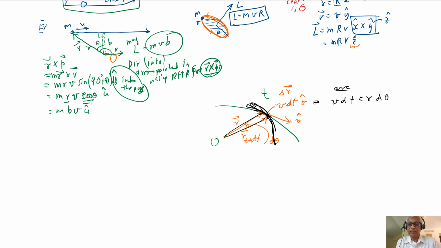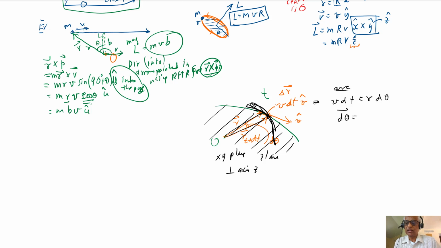So this was in some plane, and if I define d theta to be a vector perpendicular to the plane, so let's call this the xy plane, and the perpendicular axis is z.